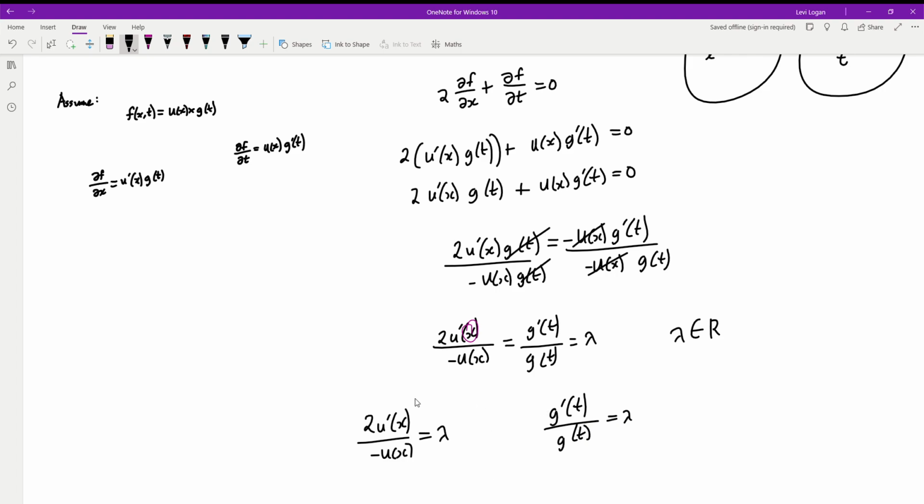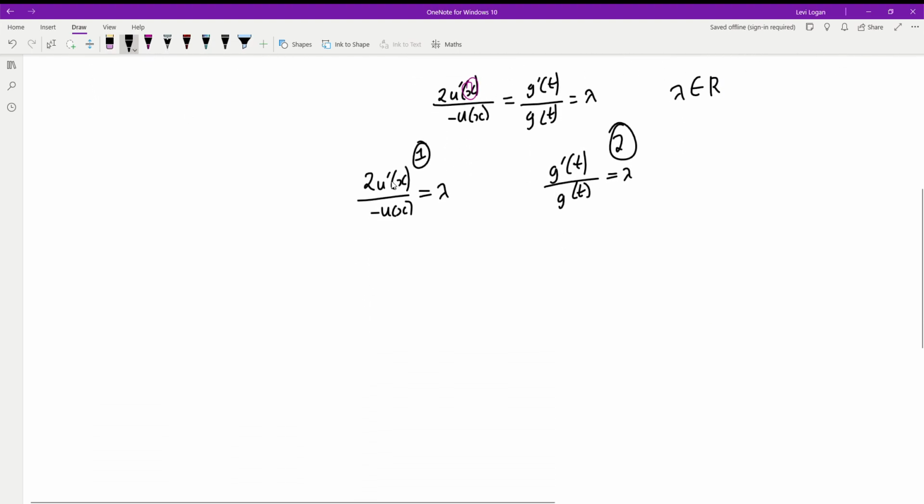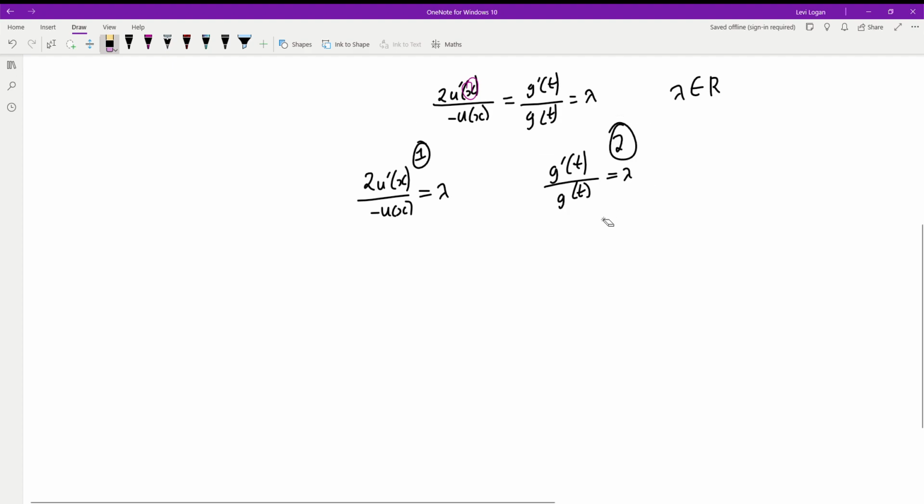Okay, so we have one equation here and a second equation here. So now all we've got to do is basically solve this linear differential equation and this first order differential equation here. Sorry, there's no second derivatives. So all we're going to do is this one first.